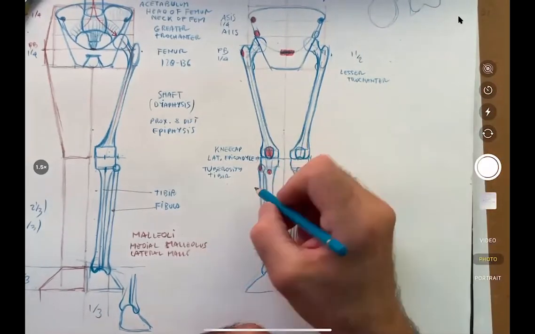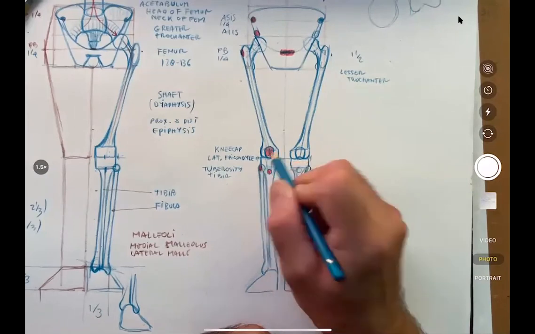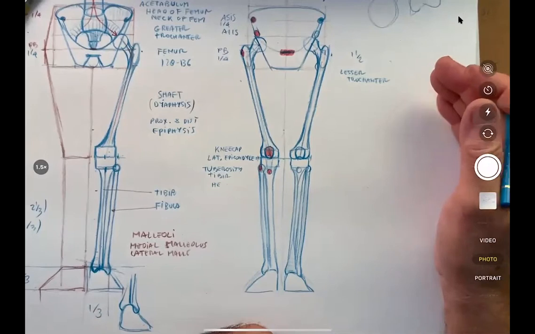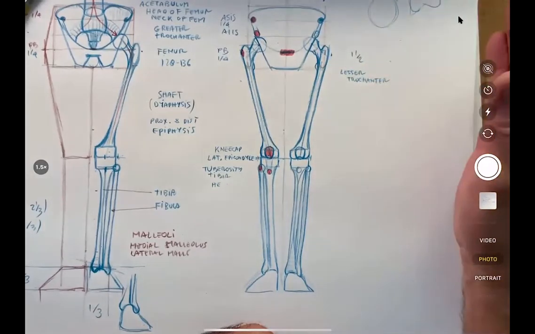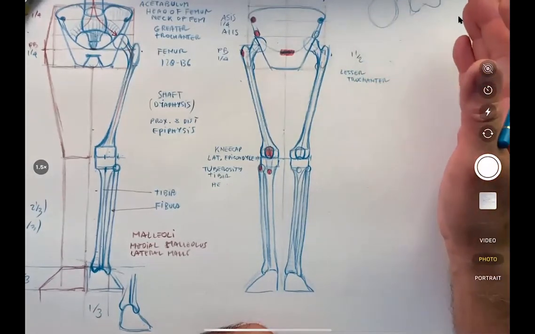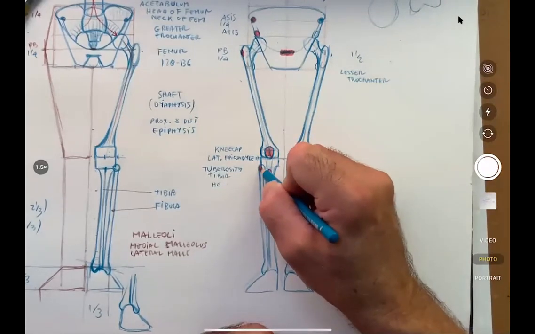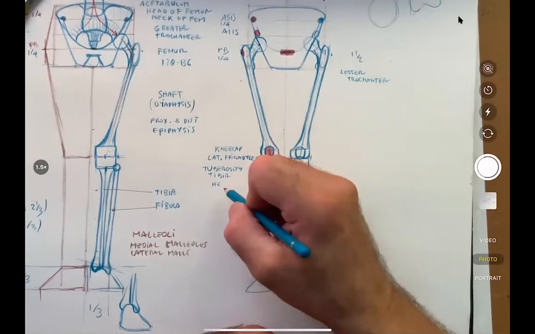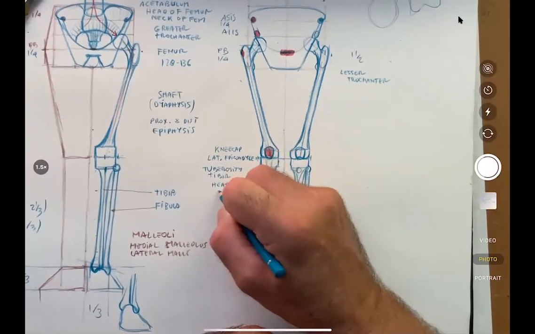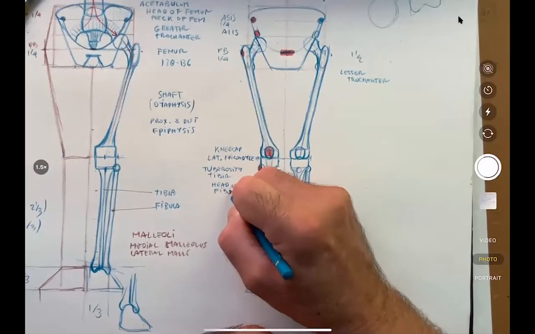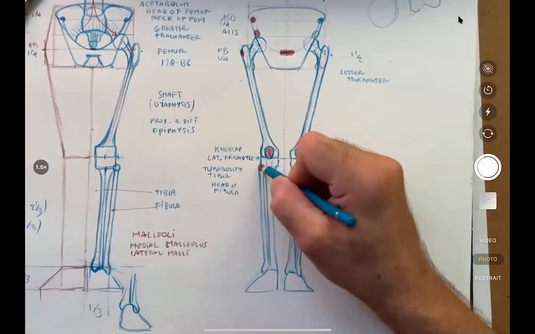It's another landmark, right? Because we can feel the bone. So when we see a little bit of a bump on the side of the leg, then we know that is the head of the fibula. When we find that, we follow it, it's covered with muscle.